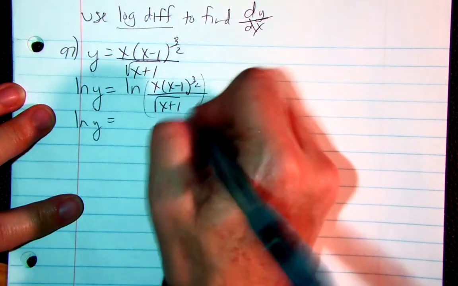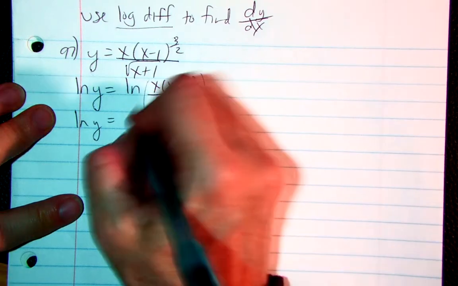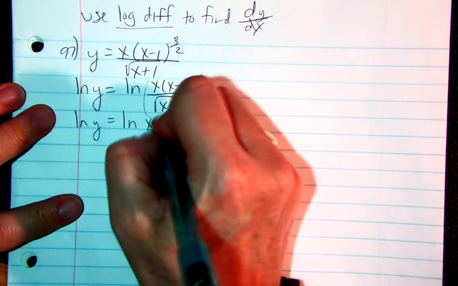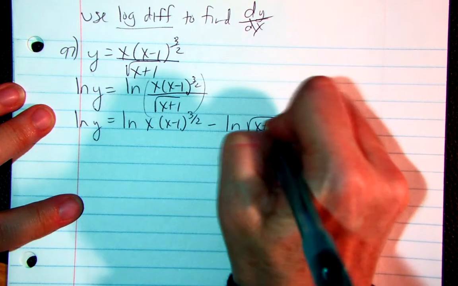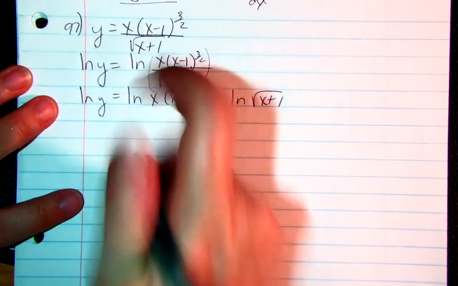So what I can do is first use the quotient property. Next, I can use the product property.